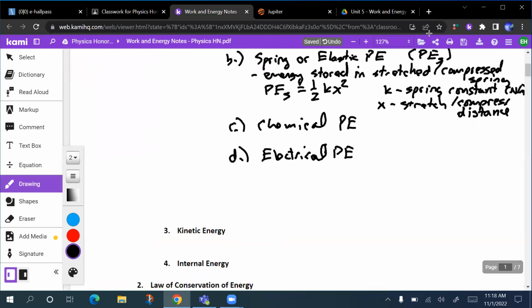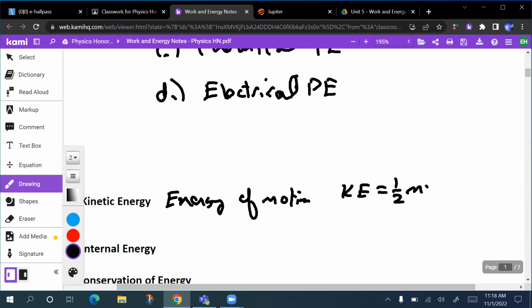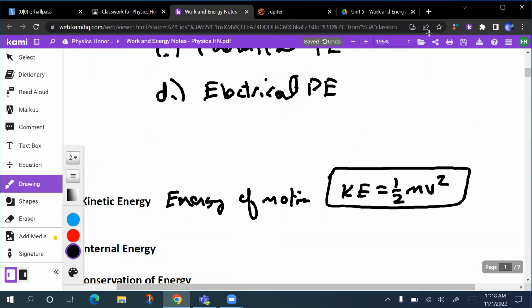Now, kinetic energy is the energy of motion. Okay, the equation we're going to use for it is KE equals 1/2 mv squared, where you can see that the kinetic energy varies with the mass directly, but it varies with the velocity squared.